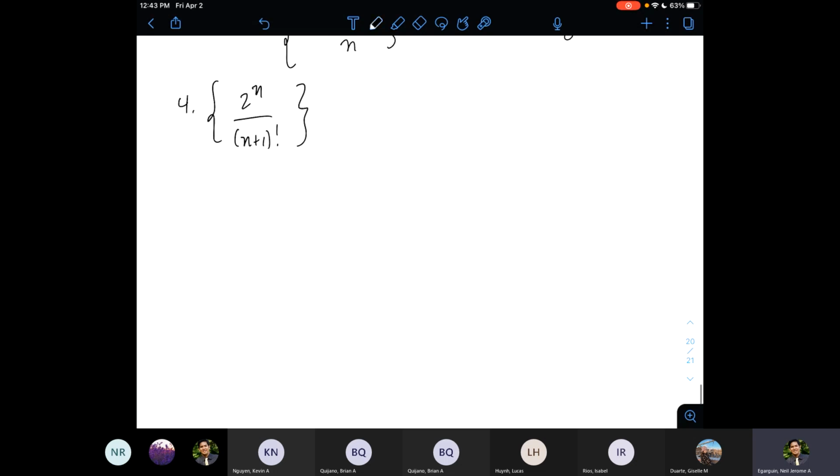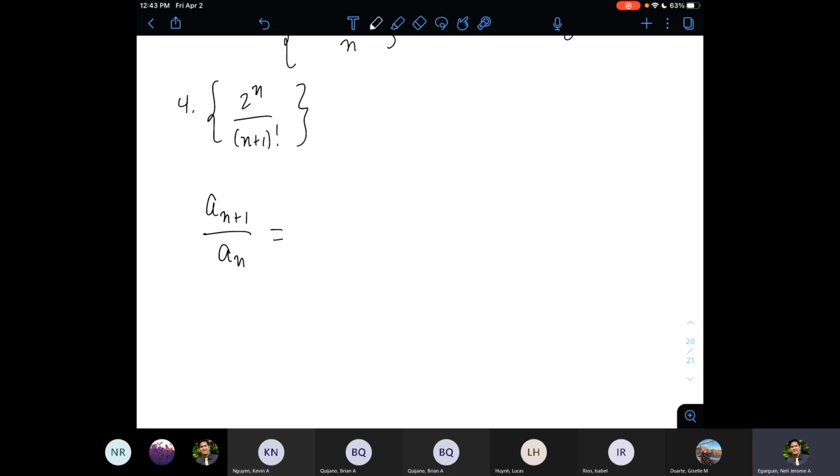So one thing you can do is to look at the ratio a sub n plus 1 over a sub n and compare it with 1, okay? So a sub n plus 1 is simply the nth term where I will replace all n's by n plus 1.